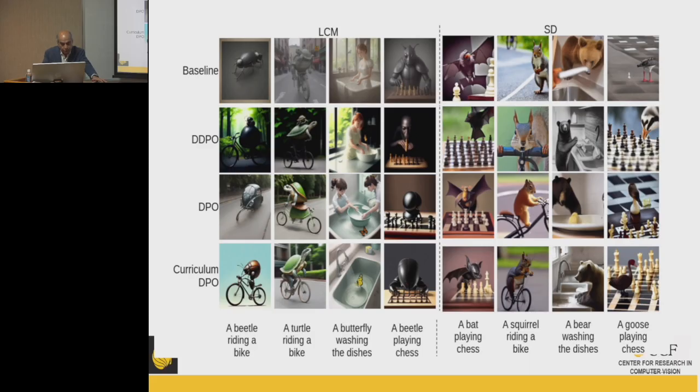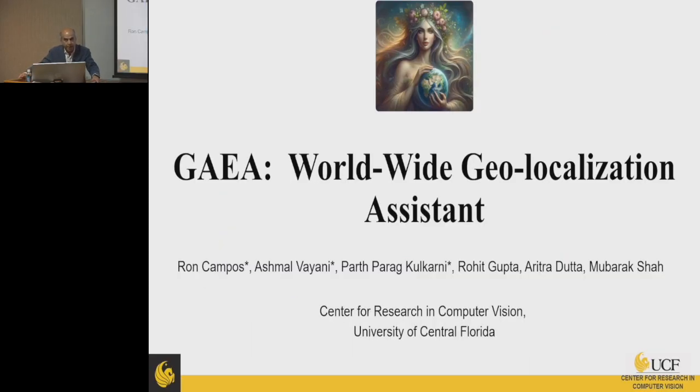The other area which has captured attention after ChatGPT is the chatbot. As you know, ChatGPT started with text input and text output, but now we are in the era of the multimodal model, where the input can be text, images, video, music, and so on. We have this work, which is a geolocalization assistant.